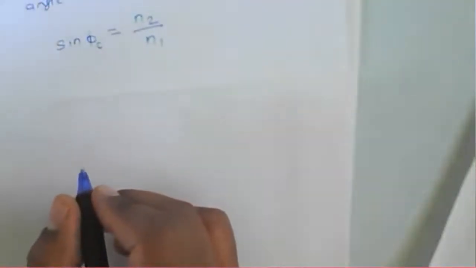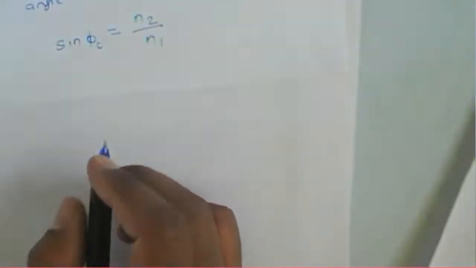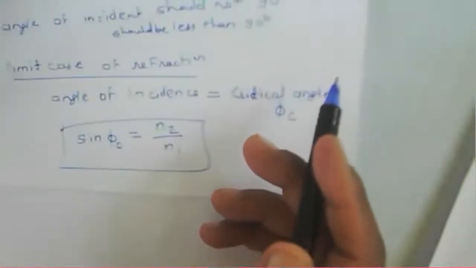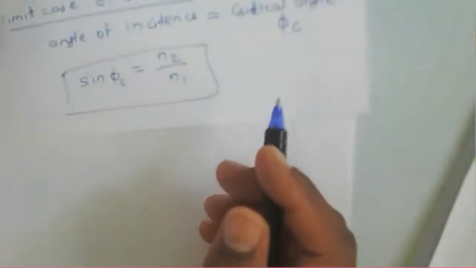Then sine phi 1, which is the critical angle, gives sine phi c equal to n2 by n1. This is the limiting case condition, in which the signal will be reflected back from this boundary.